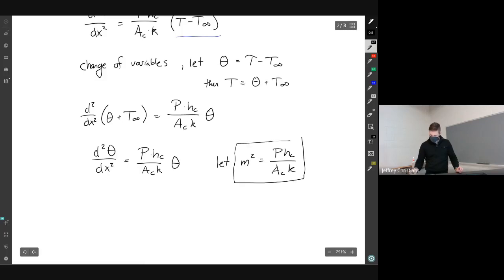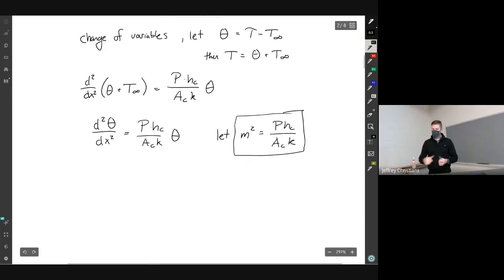I'll box that because we'll end up using that in our solution, because we're going to eventually have to get back to our original problem to actually get real numbers. But if we do this, this gives us d squared theta dx squared equals m squared theta.